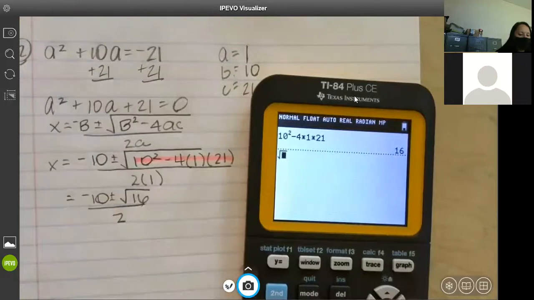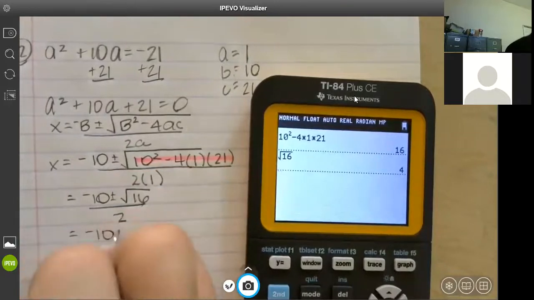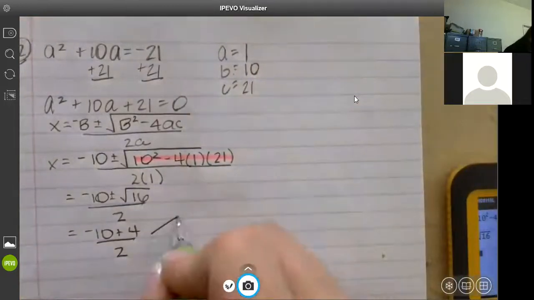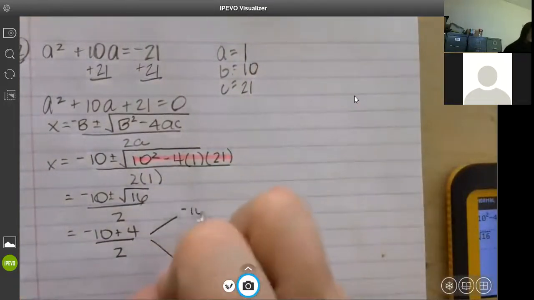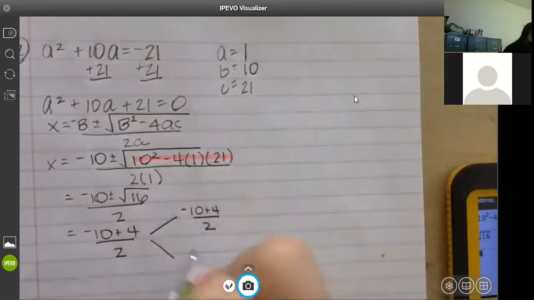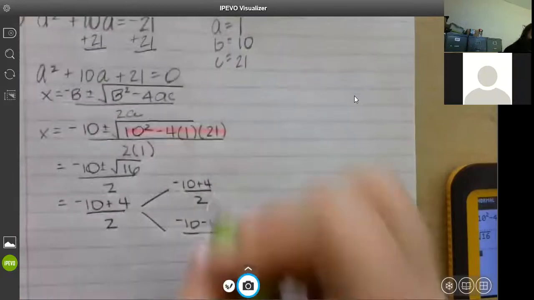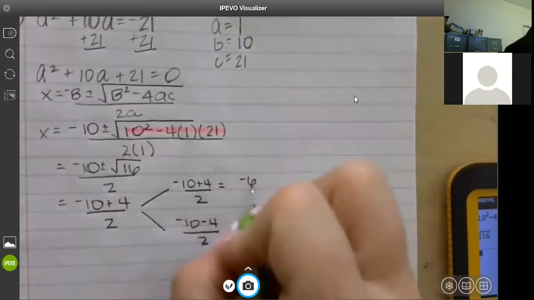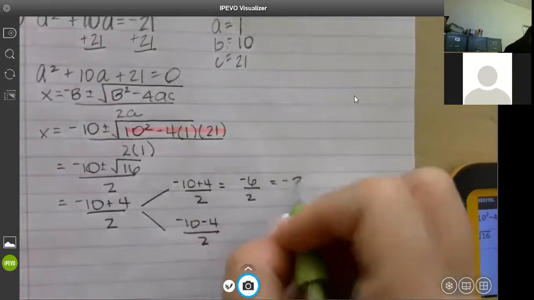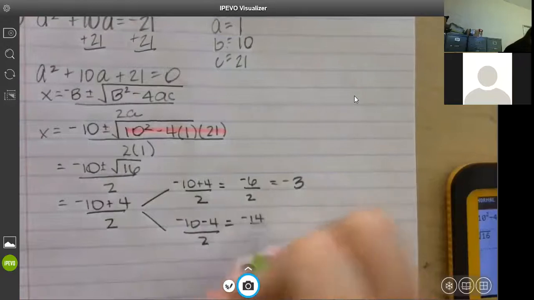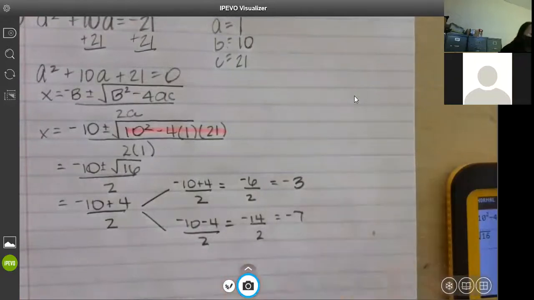We're going to try the square root of 16. If it works, I don't have to do any hard work. If it doesn't, remember I need to break it down. This one worked. Since I have a whole number, I need to split it up. -10 plus 4 divided by 2 and -10 minus 4 divided by 2. -10 plus 4 is -6 divided by 2 is -3. -10 minus 4 is -14 divided by 2, which is -7.